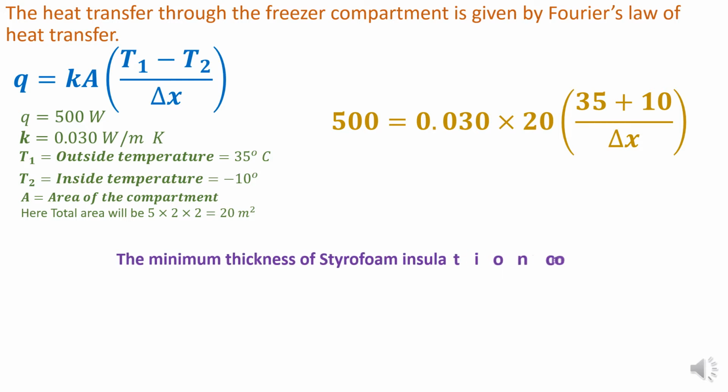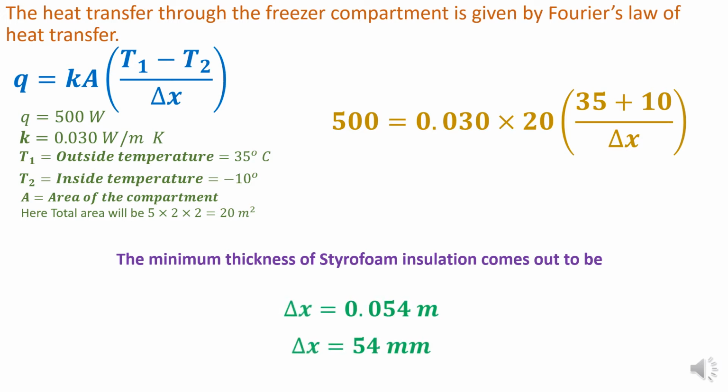Upon solving this equation, the minimum thickness of the styrofoam insulation comes out to be 0.054 meter or 54 millimeter. This should be the minimum thickness of the styrofoam insulation in order to maintain the heat loss less than 500 watt.